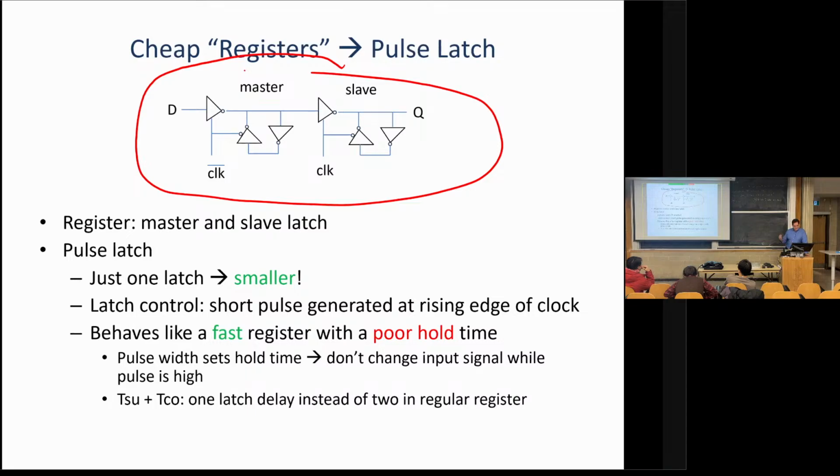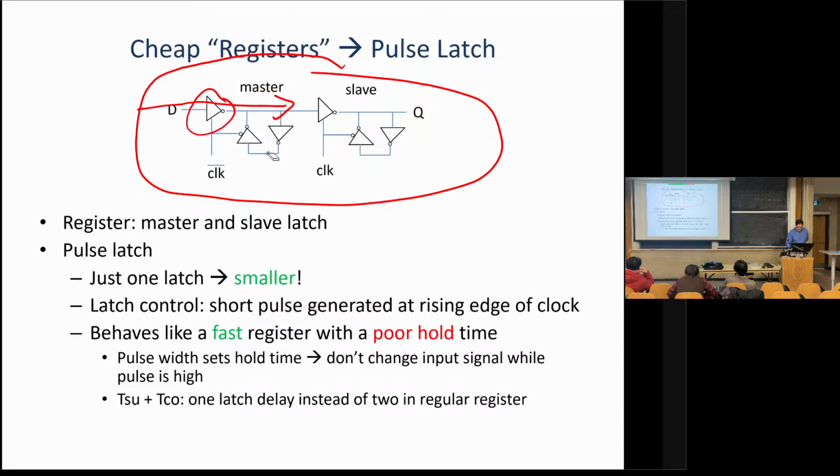So the way you really build it is like a master-slave register, which is nice because it's also much easier to understand. So what do I have here? I have a latch. When my clock is low, I'm enabling this tri-state, so my data flows into this node.